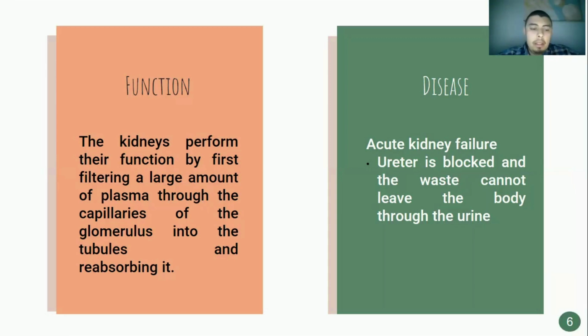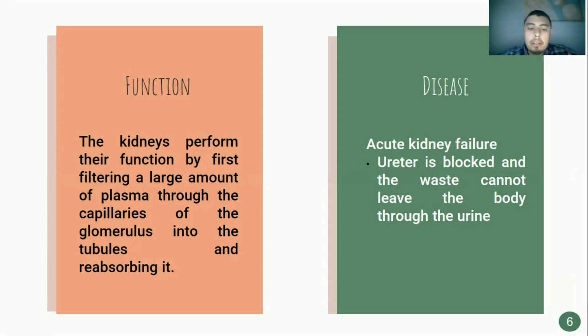And among the dysfunctions that the kidney can present, there is renal failure, which occurs when the kidneys suddenly lose the capacity to filter the waste substances from the blood.